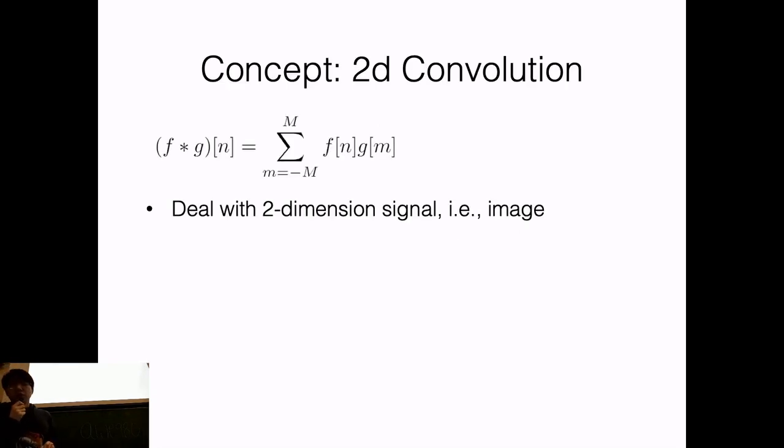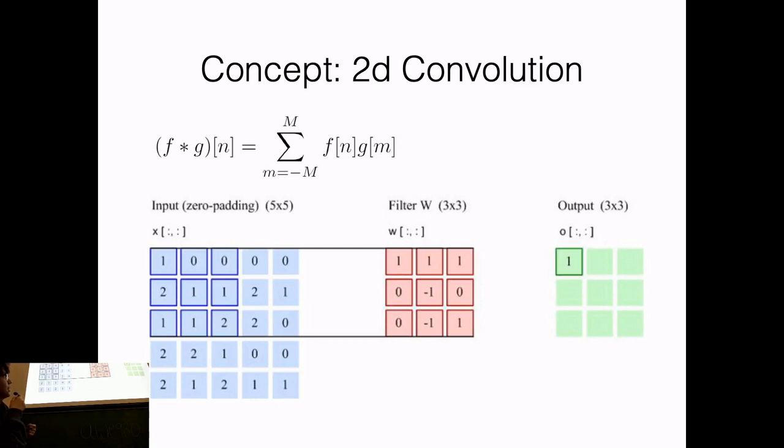The first are very simple concepts. The first is from 1D to 2D convolution. Especially in some computer vision areas, we should process images. So a very easy extension is from 1D to 2D.